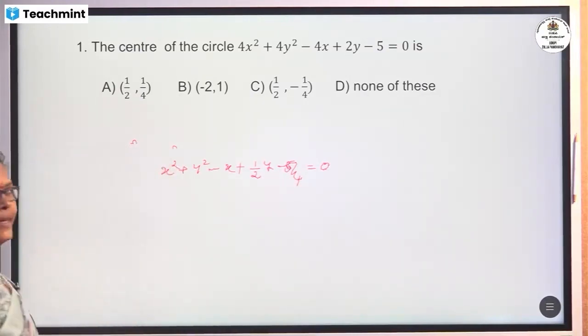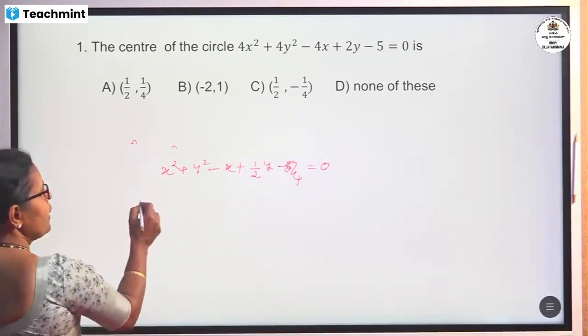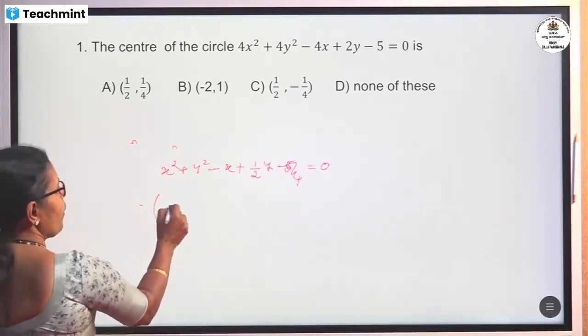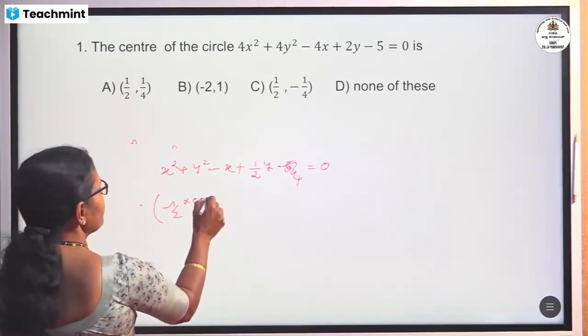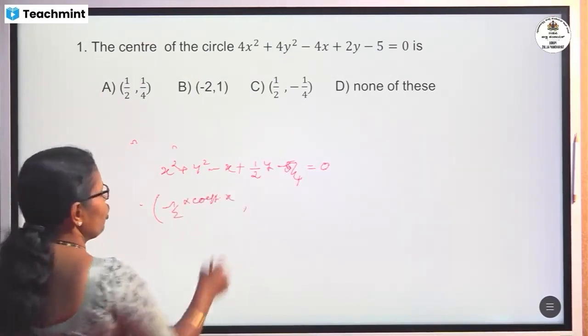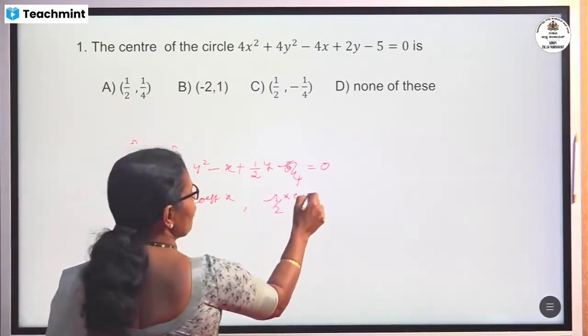Then easily we can write the center of the circle. We know that center of the circle is minus half into coefficient of x, comma, minus half into coefficient of y.